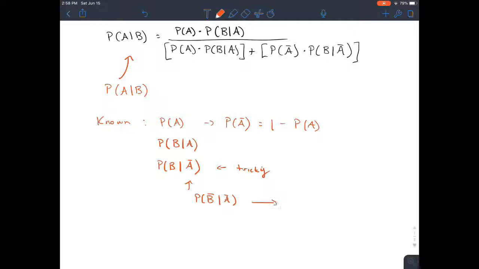And to figure out the value we want, the probability that B occurs given that A doesn't occur, we just do 1 minus the probability B complement given A complement. All right, so in fact we can find all of these values. So let's look at the example that we're talking about.